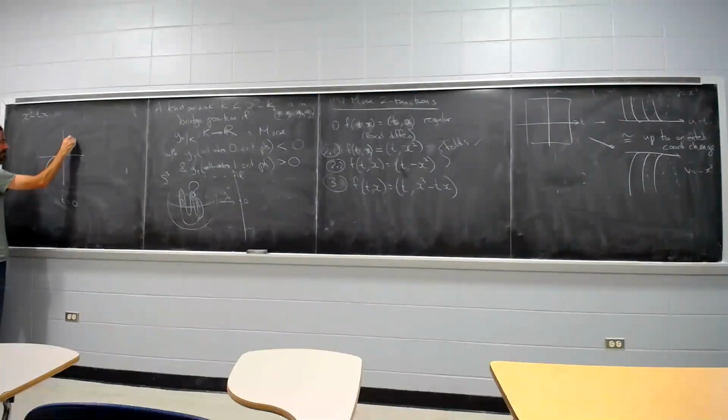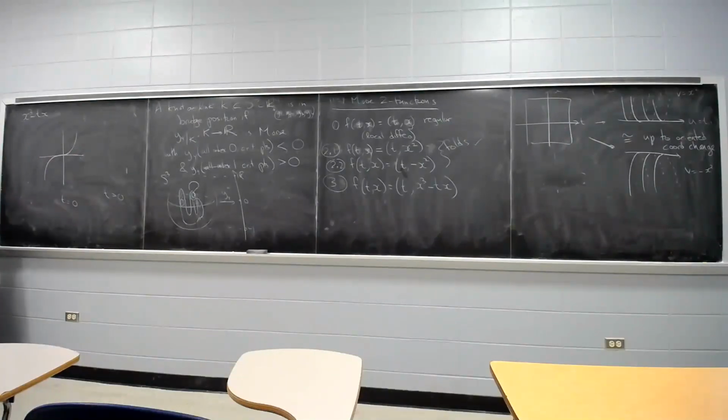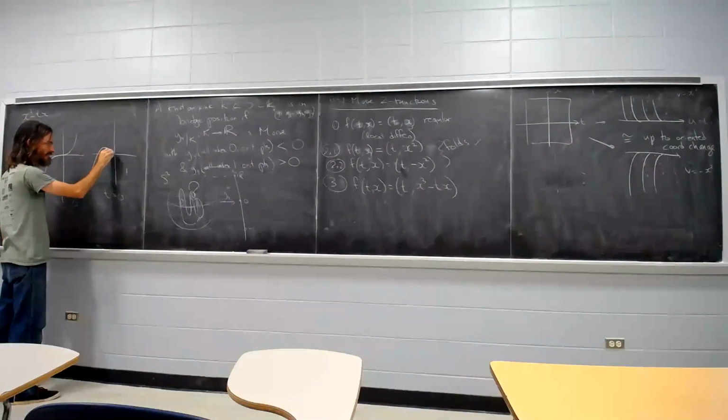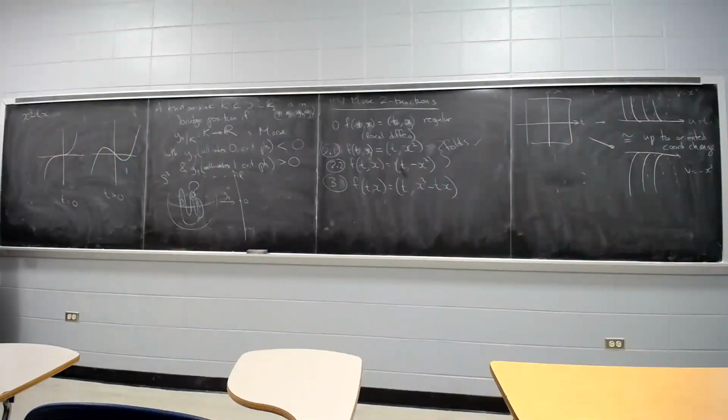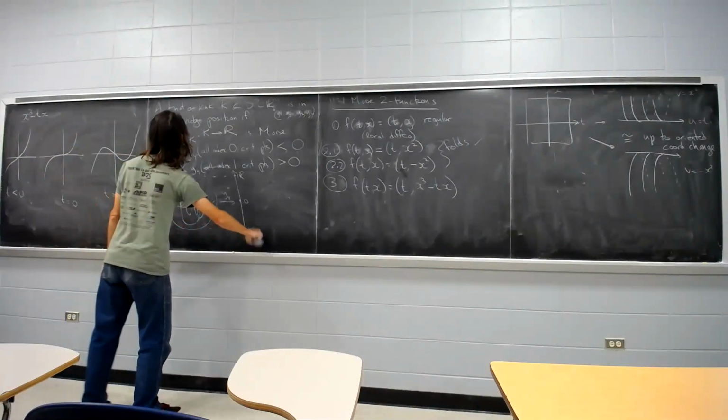If t is bigger than 0, you're subtracting some x, so locally it looks like minus x at the origin, and that gives two critical points. If t is less than 0, it's still a cubic but doesn't have any critical points at all. So no critical points, one critical point, two critical points. If you take all these pictures, tilt them this way and stack them up, that's your picture.